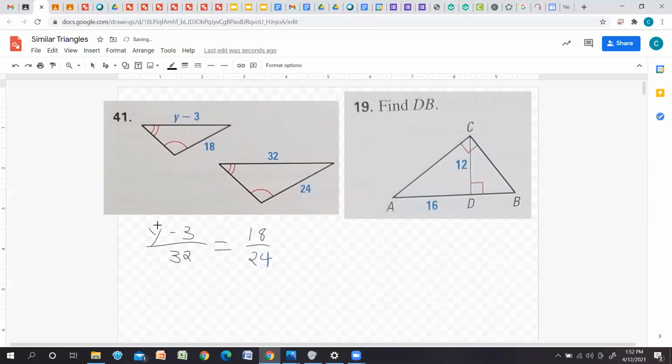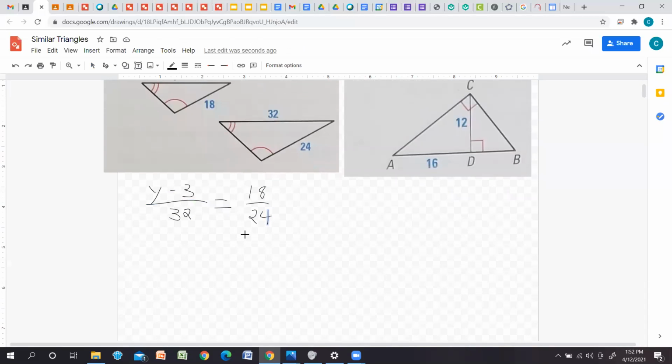Notice on top is the left triangle and then bottom is the right triangle, so make sure it's related that way as well. So we can just cross multiply to solve this. Remember to use parentheses because you're going to have to distribute. So 18 times 32 on the right, and we have 24 times the quantity y minus 3 on the left.